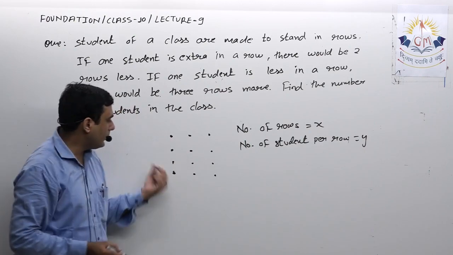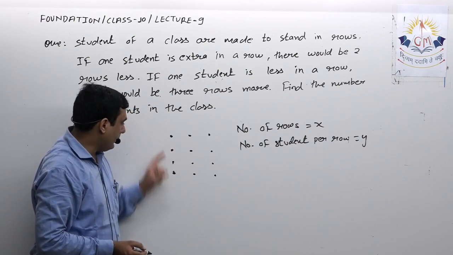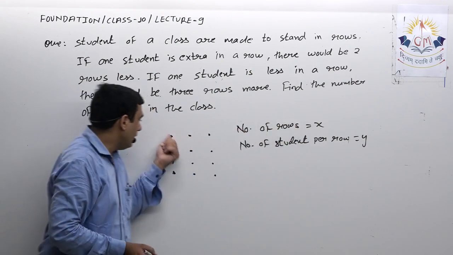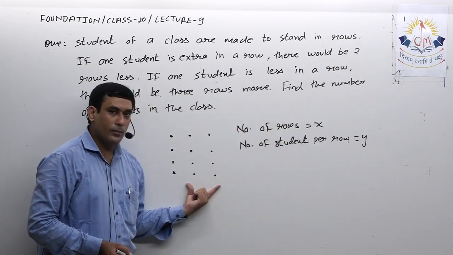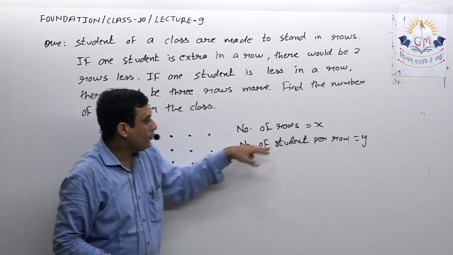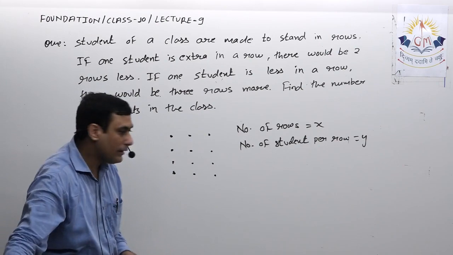For example, here there are three rows and in each row there are four students. So the total number of students is the number of rows multiplied by the number of students per row, that is xy.